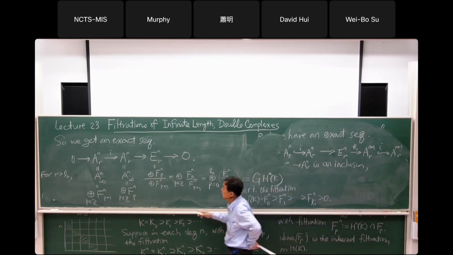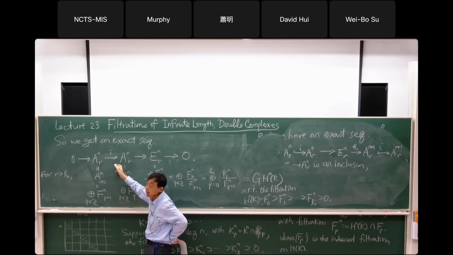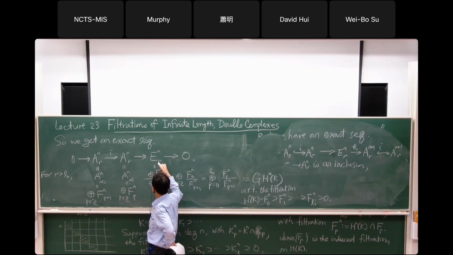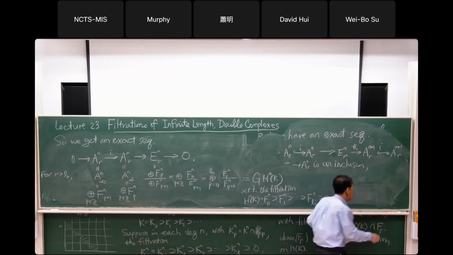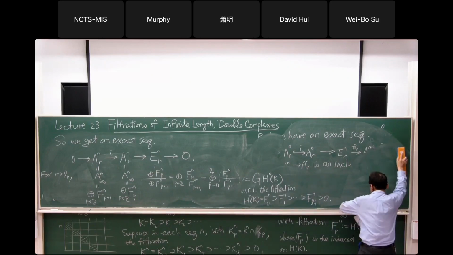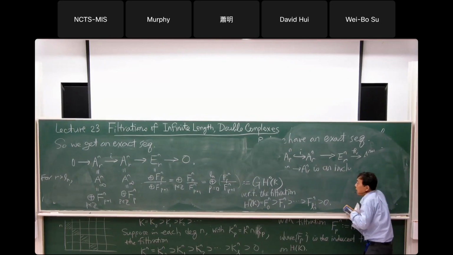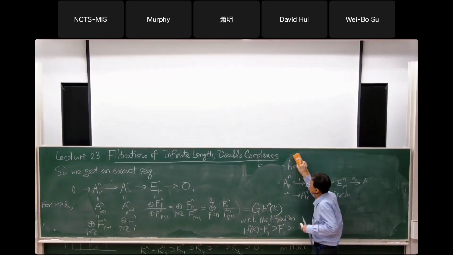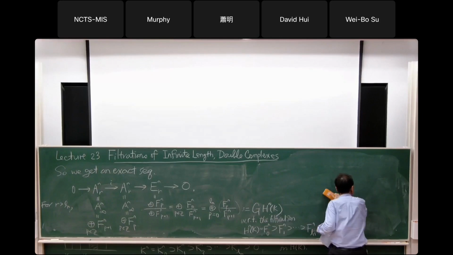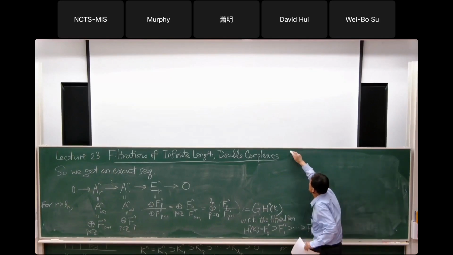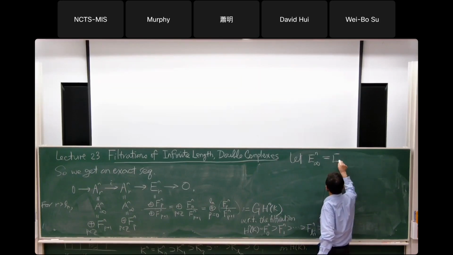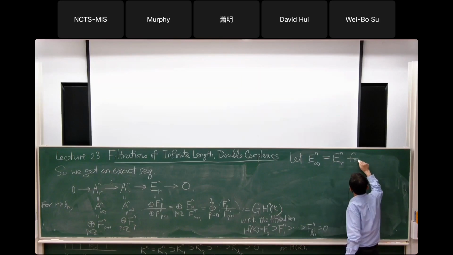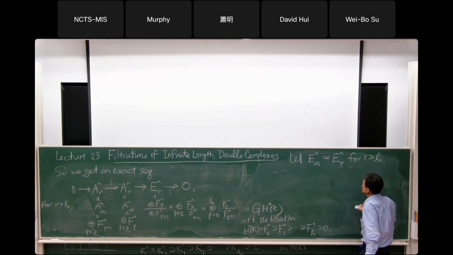Yeah, so because the A's stabilizes, so does the E, right? So that value we call E infinity. So let E^n_infinity be E^n_r for r greater than L_n.